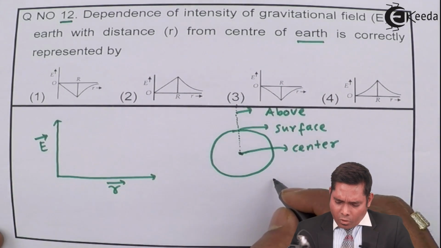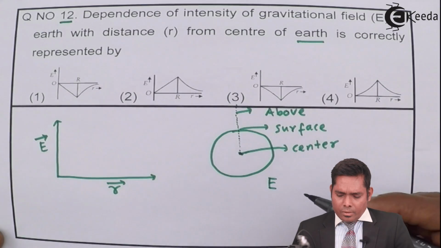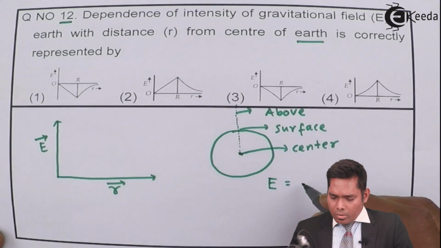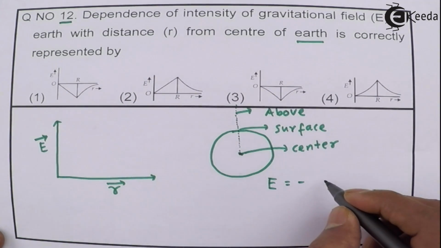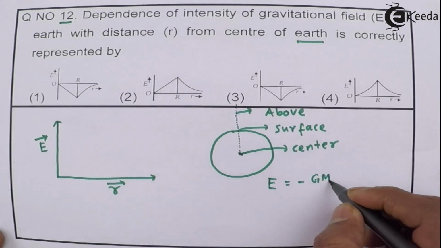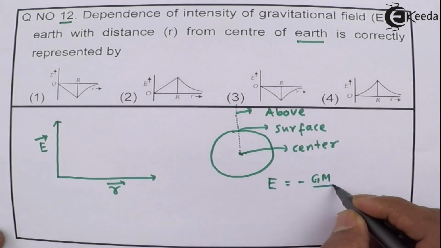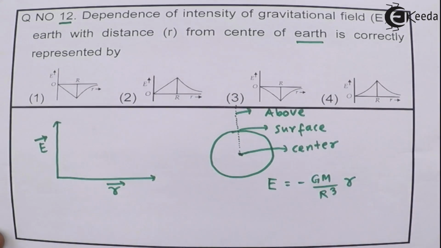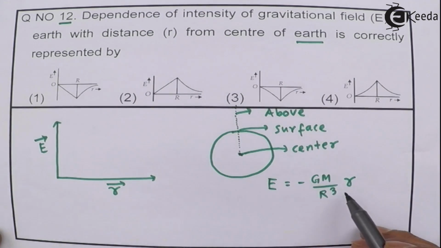The expression for E is minus GM upon R cubed into r. What is the meaning of this?